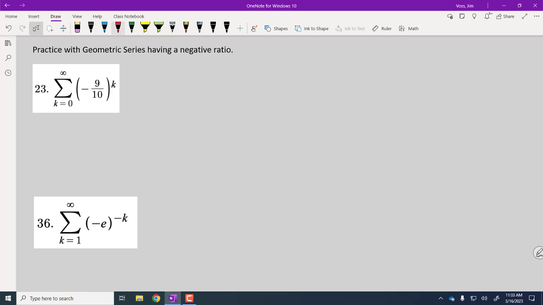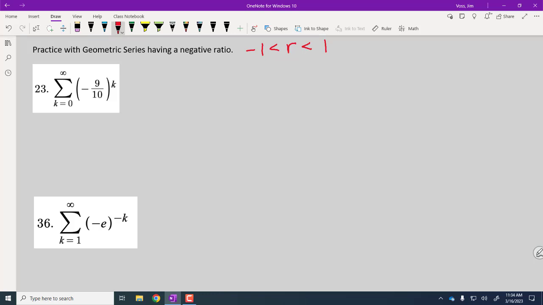Remember that our infinite series converge if they're geometric as long as this is true. So R can be positive or negative as long as the magnitude is less than 1. That means R itself has to be somewhere between -1 and 1. And the R value here is -9/10, which is greater than -1. So as long as the absolute value of R is less than 1, you will have a convergent geometric series.